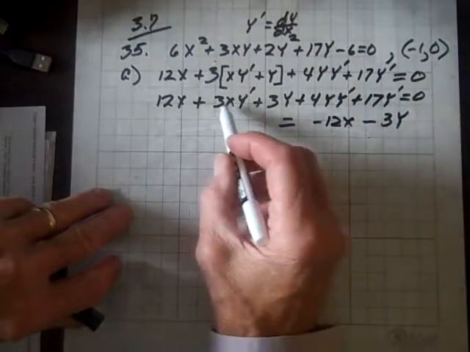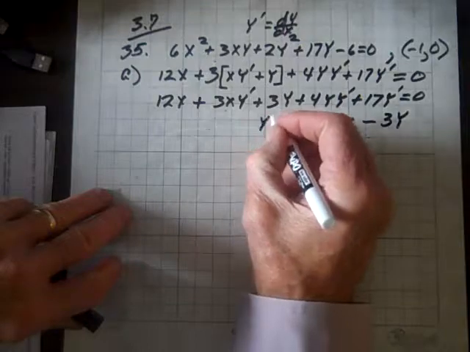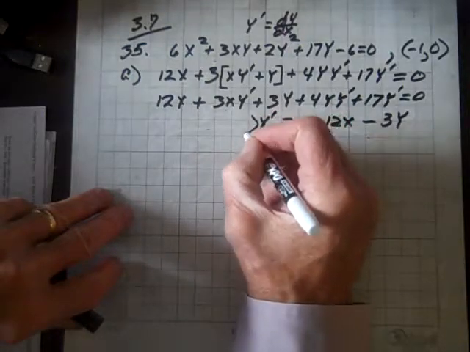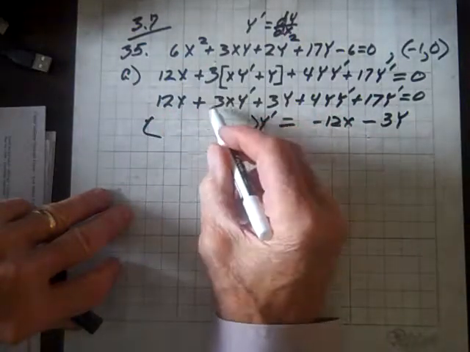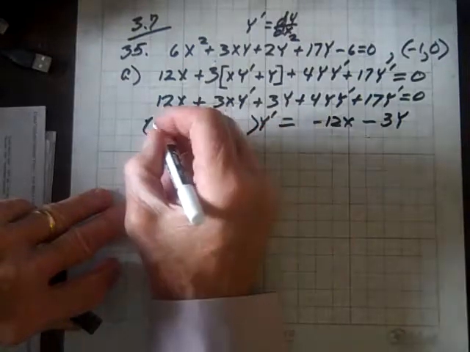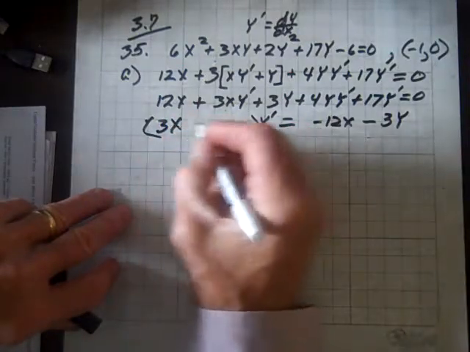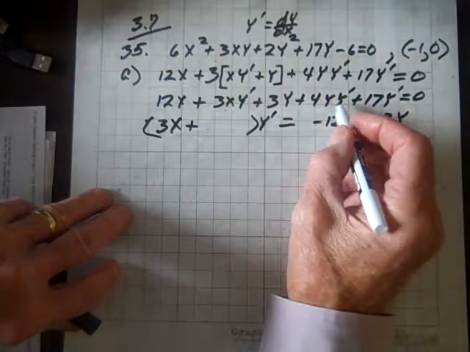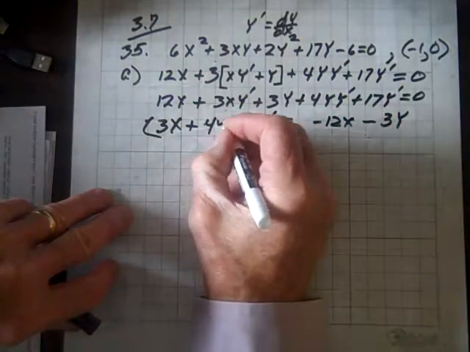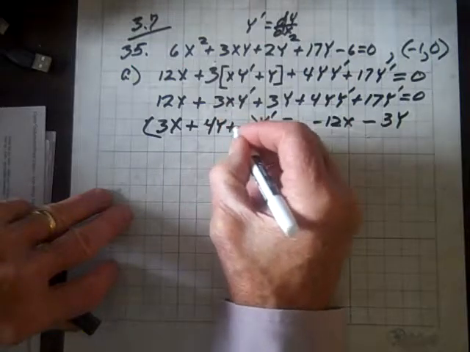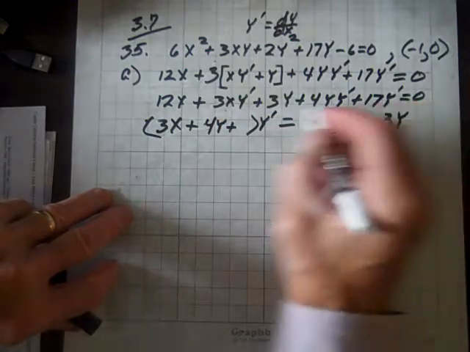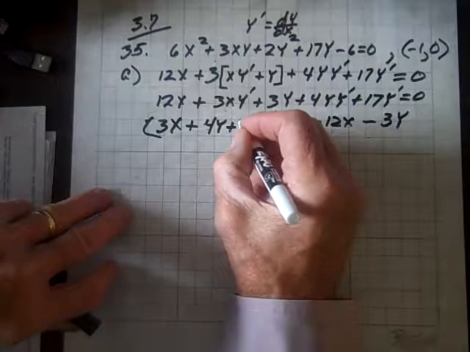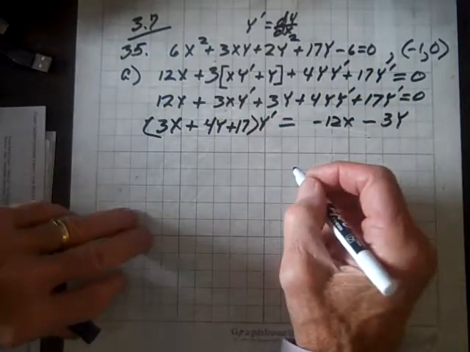So we'll factor a y prime out of each of those terms. If I factor a y prime out of this term, we have 3x remaining. Plus, if we factor a y prime out of this term, we have 4y remaining. Plus, if we factor a y prime out of that term, we have 17.